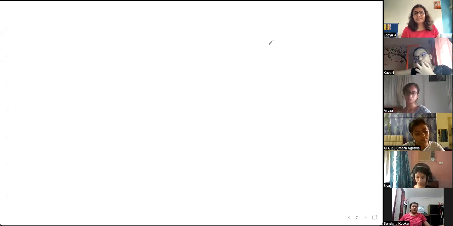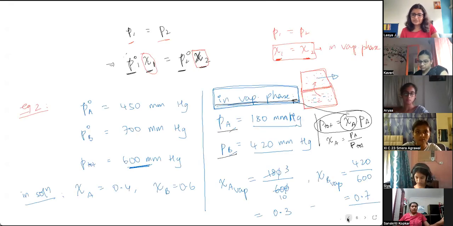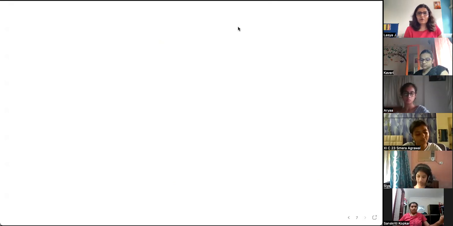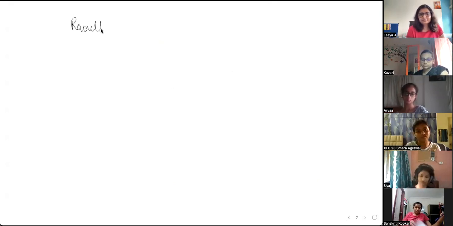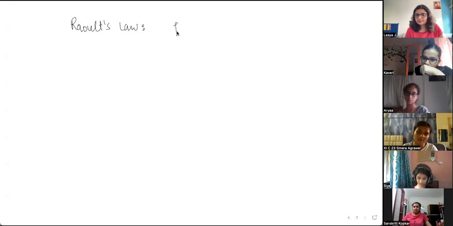Okay, so one tiny thing that I missed out for liquid solutions or Raoult's law basically is what does Raoult's law state? Like from Raoult's law, what did we get? Partial pressure is directly proportional to mole fraction.